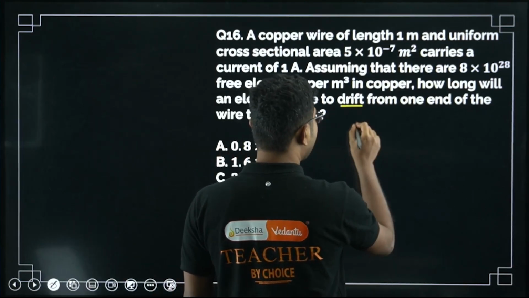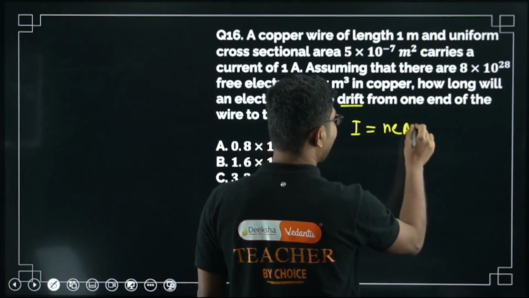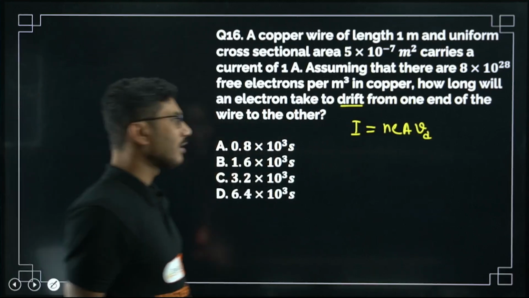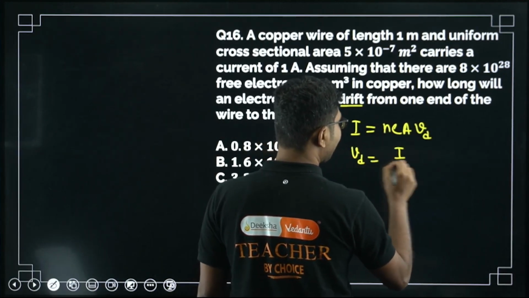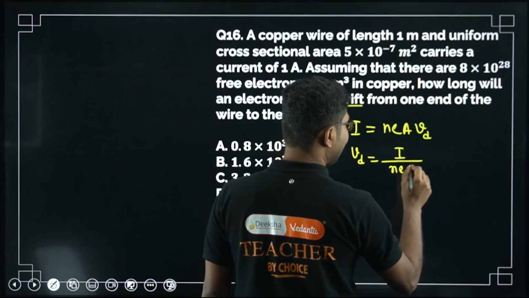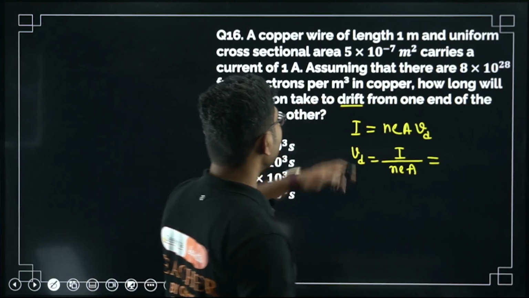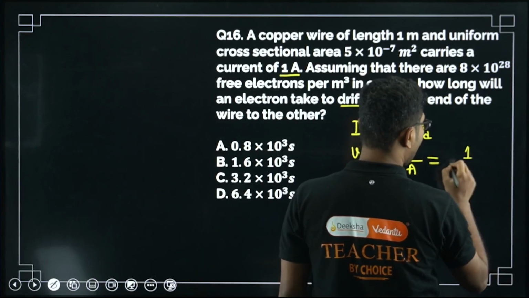Obviously we know that current I is equal to N E A V D. This is the equation for drift velocity. So drift velocity is given by I divided by N E A. So what is I? I is given here, 1 ampere current is flowing, so that means I is 1.